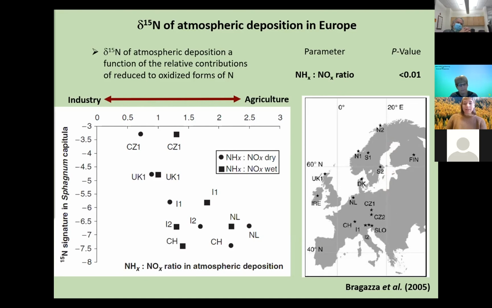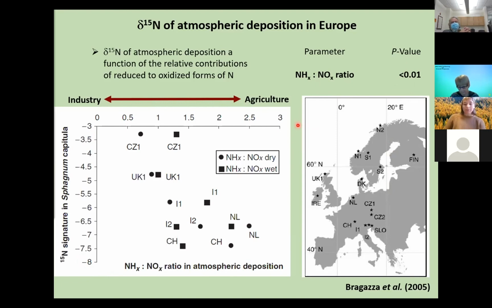Sphagnum plants had delta 15 nitrogen signatures ranging from about -8 to about -3 per mil. And they found that isotopic signatures were related to this ratio of reduced to oxidized nitrogen forms. And this was significant, and the difference was not significant with just the total amount of nitrogen deposition.